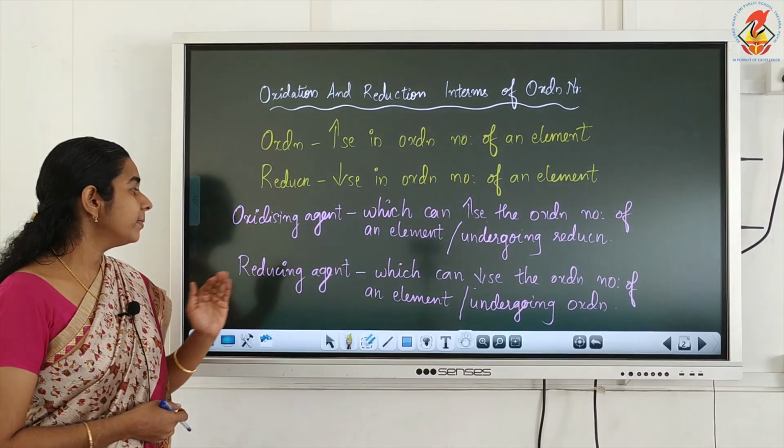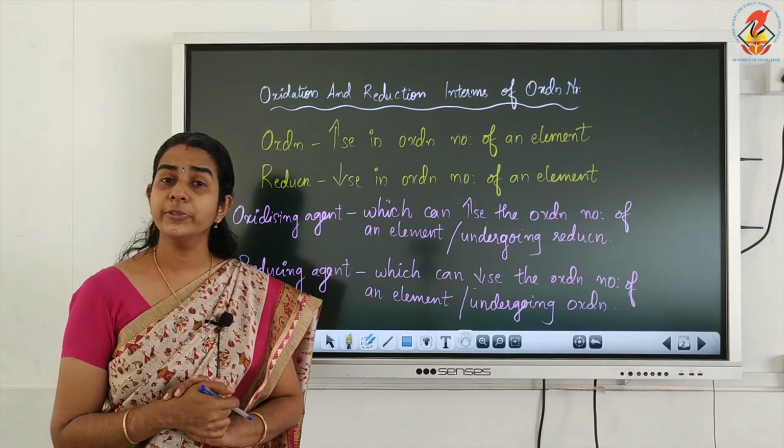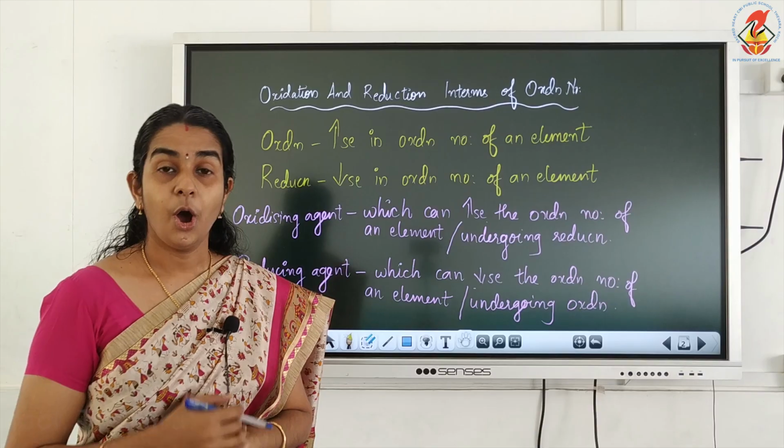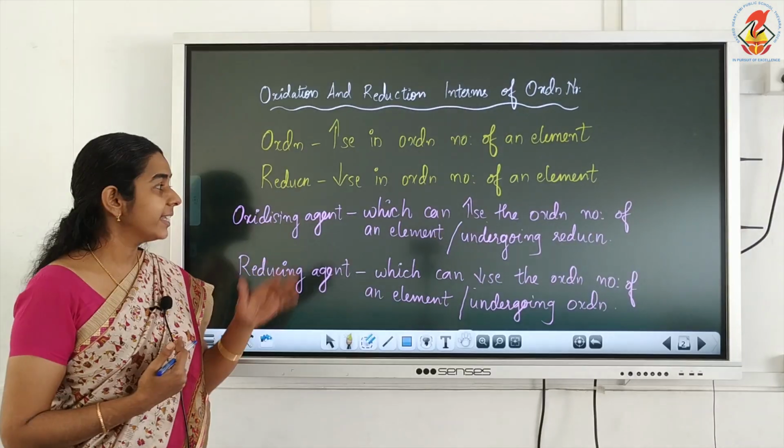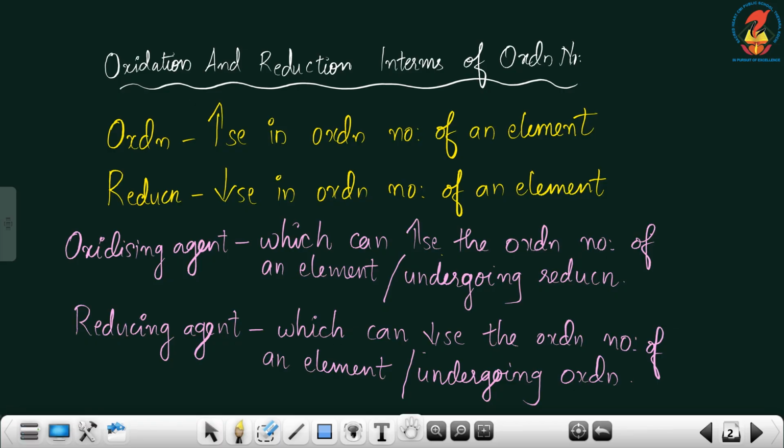Now, what is meant by an oxidizing agent or reducing agent? Oxidizing agents are the species which can oxidize other substances or other elements, and they themselves undergo reduction.